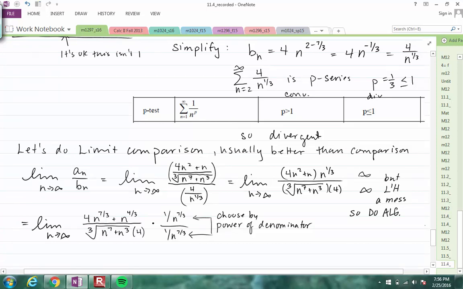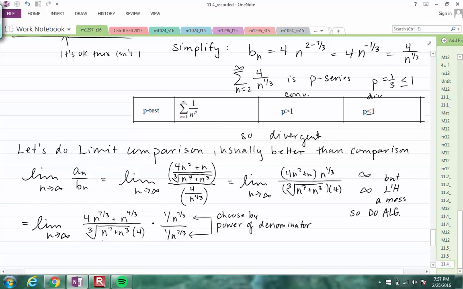This is a good chance to review how you would do some algebra here with n going to infinity, and all these powers floating around on the top and the bottom, and then that root as well. So you want to multiply by 1 over n to some power. The way you choose that power is you choose the highest power in the denominator. The magnitude of the power of the denominator is going to be 7/3.